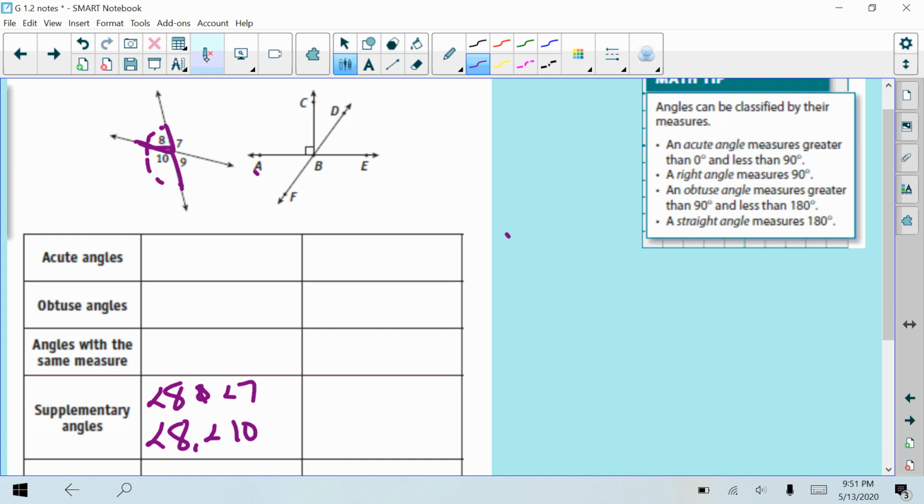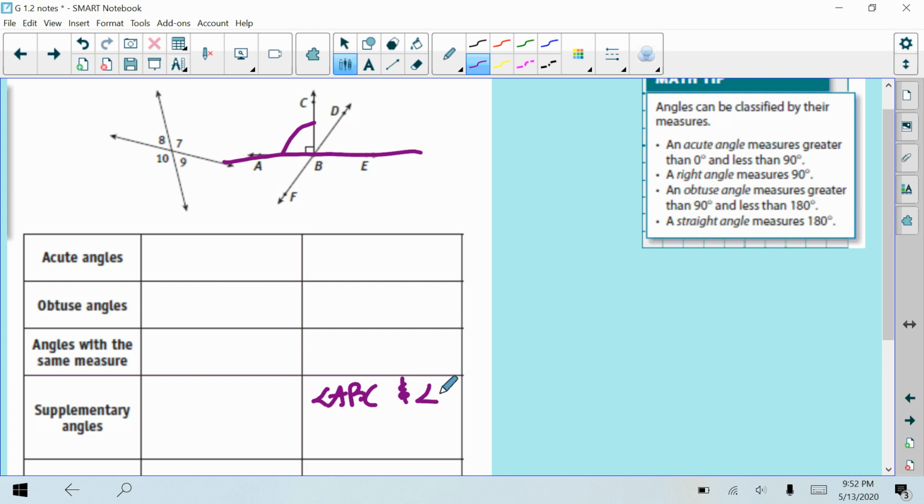That's good enough. Over here, here's a straight line. So the angles that made that would be ABC and angle CBE. Those are 2 angles that add up to 180. Don't pick 3, pick 2.